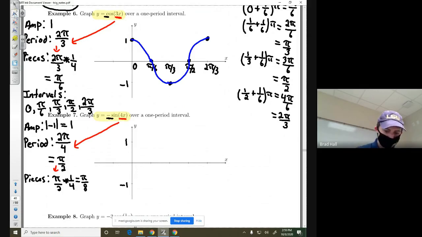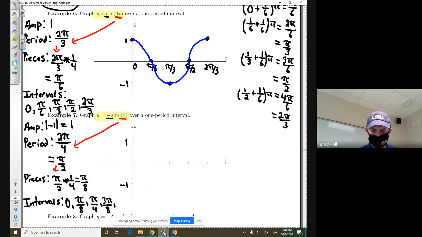And so the intervals, we need 5. We start off with 0. And we're just going to keep adding pi over 8. In another sense, it's just increments of 1 over 8. And that's really all it is. So pi over 8, and then pi over 8 plus pi over 8 is pi over 4. And that's 3 pi over 8. And that's pi over 2.